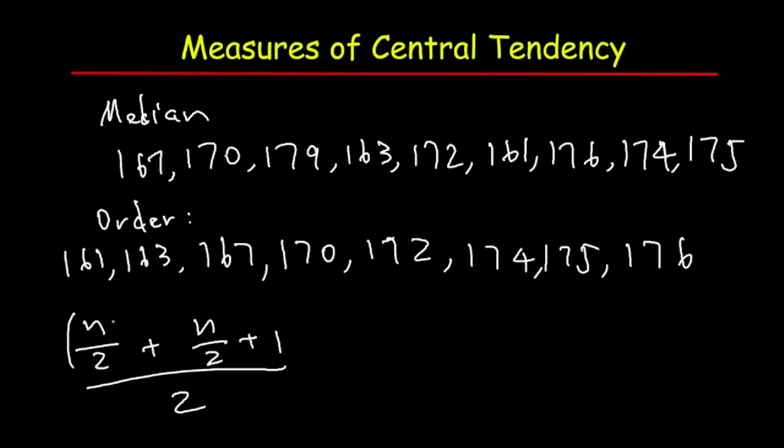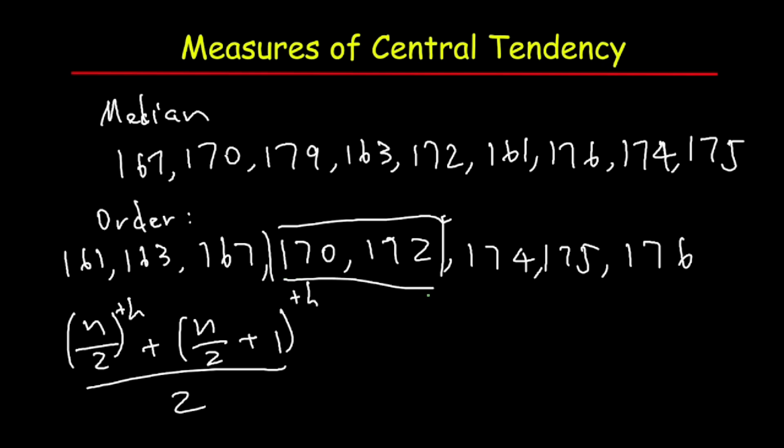In this case, since n is 8, the middle 2 terms will be 170 and 172. The average of those terms will be 171. So the median in this case will be 171.